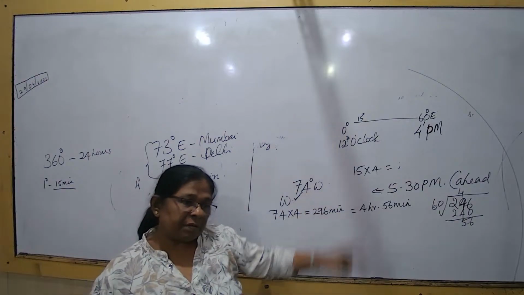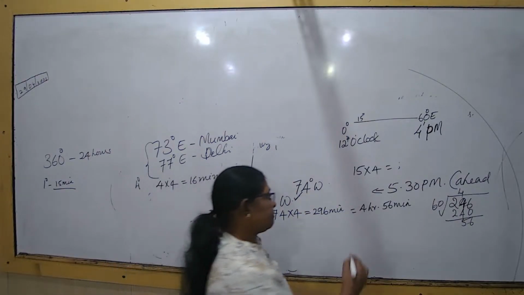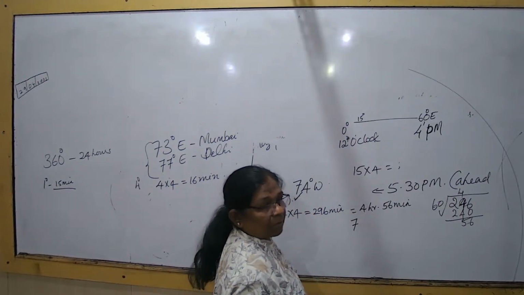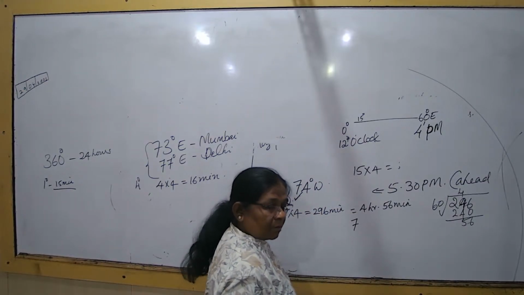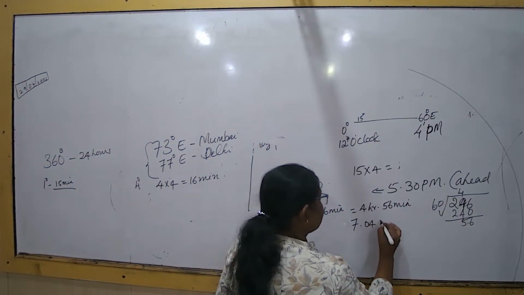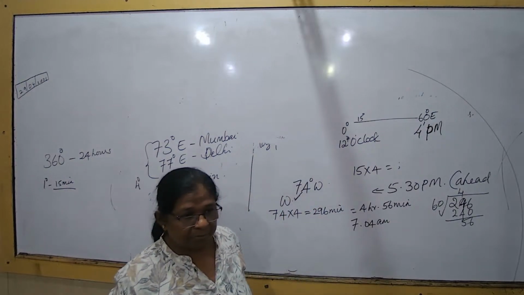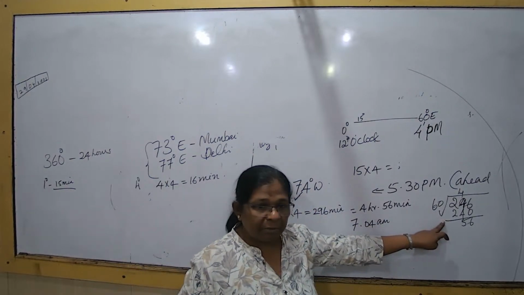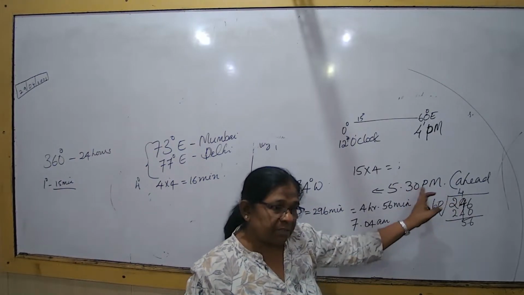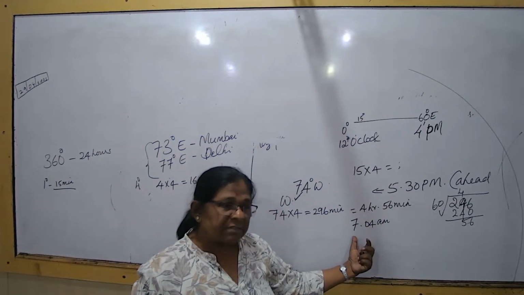If you subtract from that, what will be the time? 7 hours 4 minutes. AM or PM? AM only is coming, no? Here the meeting is at 5:30 PM, so this one is AM.